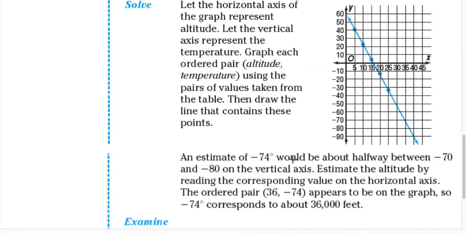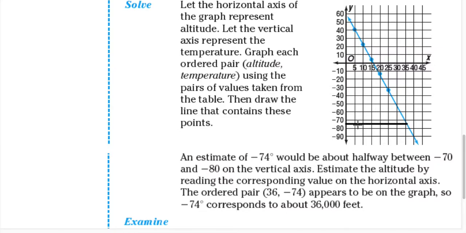An estimate of negative 74 would be halfway between negative 70 and negative 80, so that's right here. So negative 74 will be around halfway between negative 70 and negative 80 on the vertical axis. Estimate the altitude by reading the corresponding value on the horizontal axis.